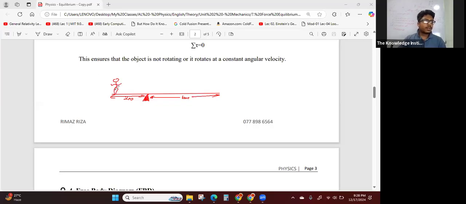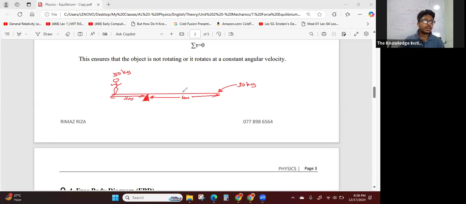Let's say there's a boy of mass 50 kilogram, and the plank has a mass of, let's say, 30 kilogram.